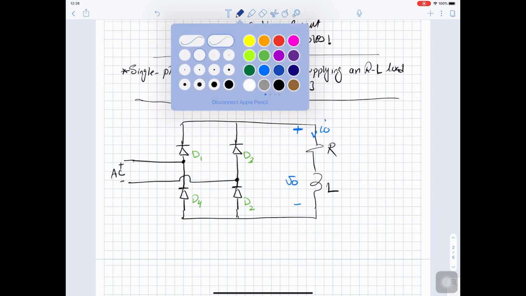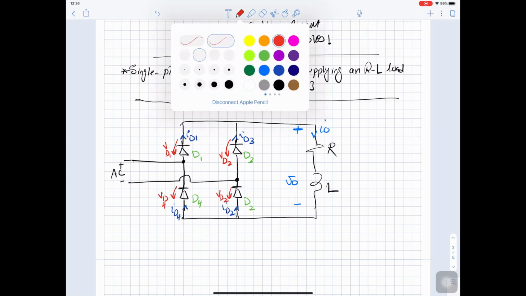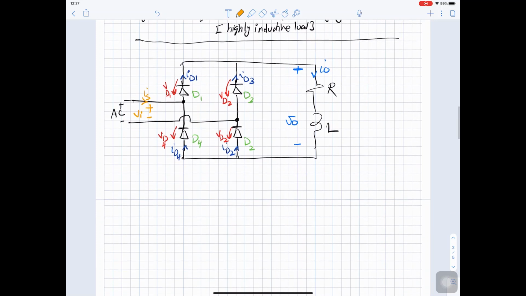And here are the directions: I diode 1, I diode 3, I diode 4, I diode 2. The direction for voltages: V diode 2, V diode 1, V diode 4, V diode 2. And at the source, I source and V input. So this is the circuit we have.